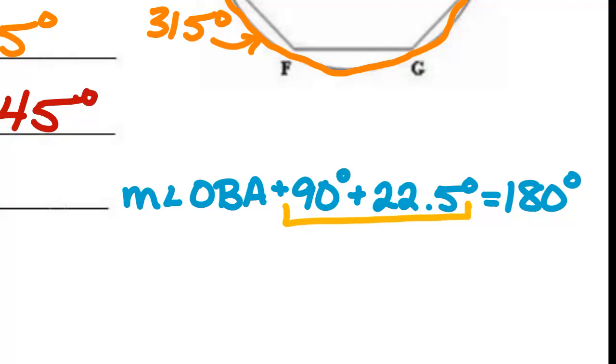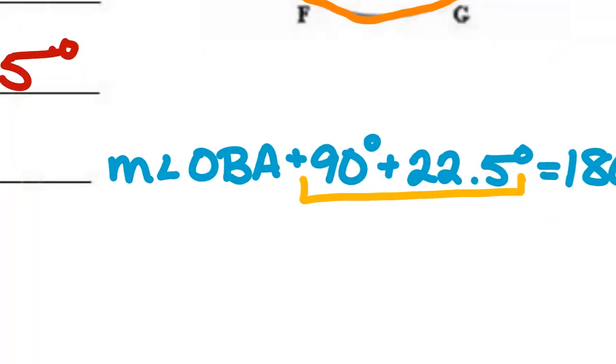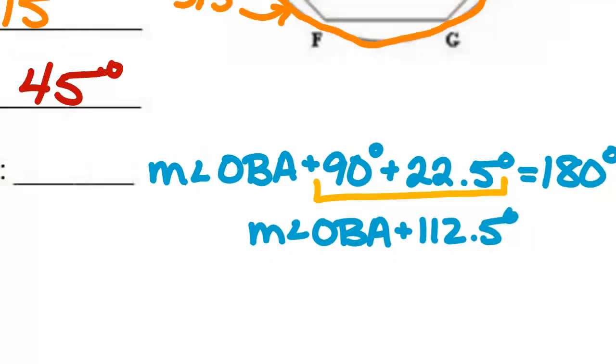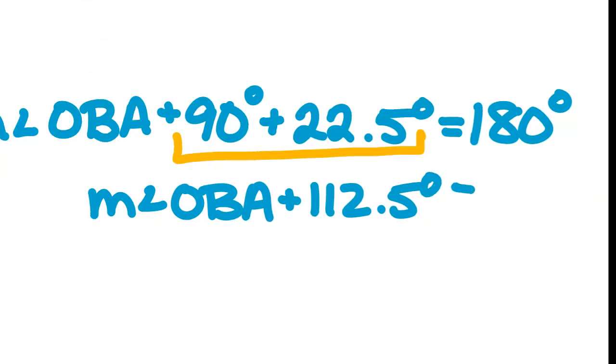So we combine our two like terms together, the 90 and the 22.5. What is 90 plus 22.5? 112.5 degrees equals 180.